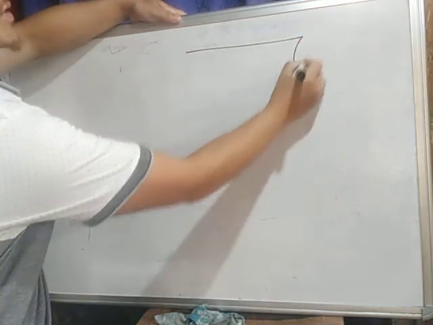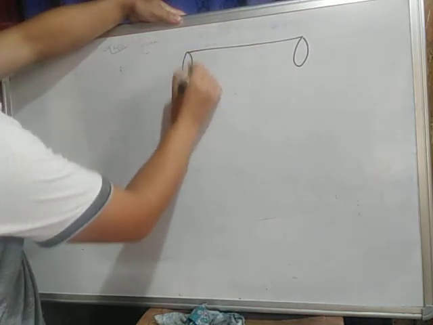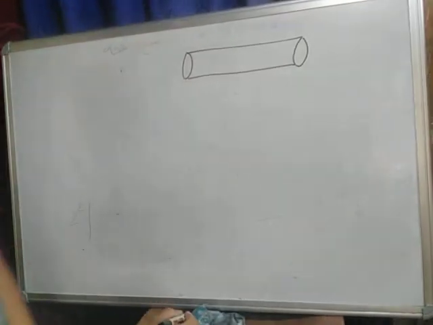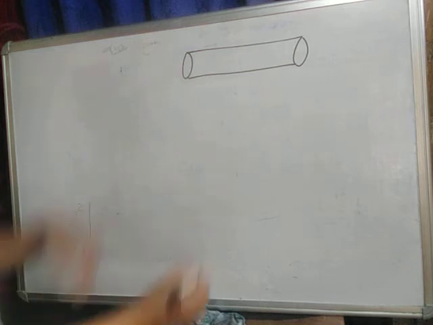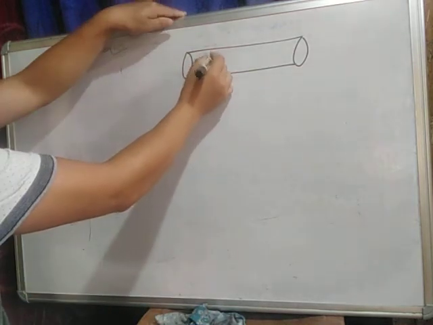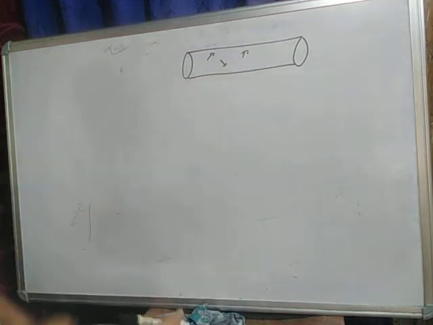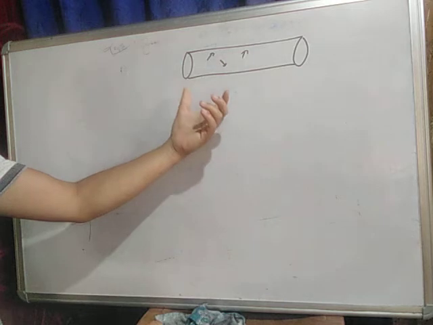We know from our previous lesson that in a conductor there are free electrons, which move randomly, isn't it? These are the directions of free electrons. There is a movement. Why is there a movement?